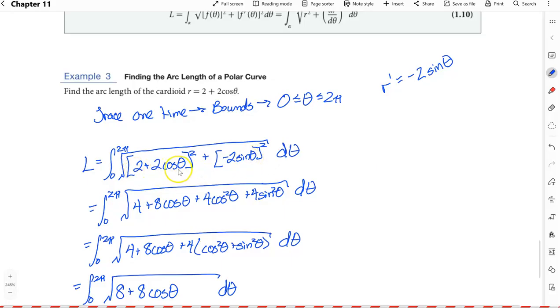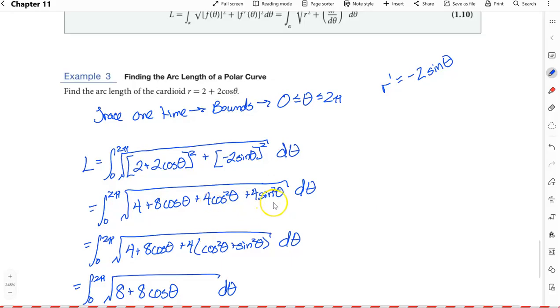So I'm going to have 2 plus 2 cosine of theta that I need to square, plus -2 sine that I need to square. So when I square out 2 plus 2 cosine theta, I get 4 plus 8 cosine theta plus 4 cosine squared. And when I square -2 sine of theta, I'm going to get +4 sine squared.